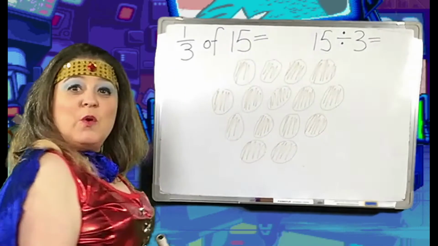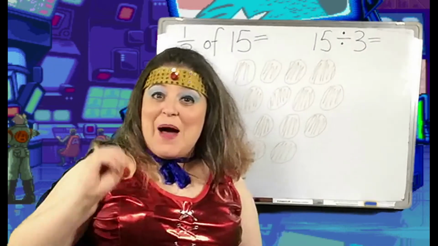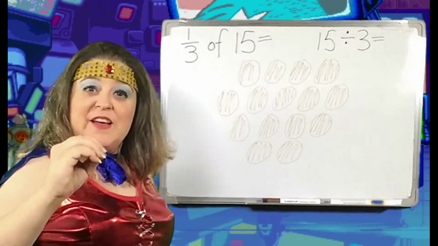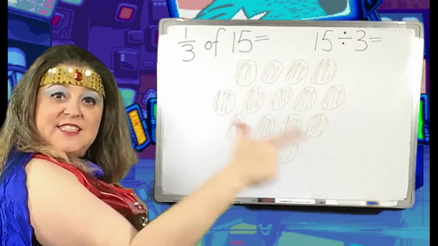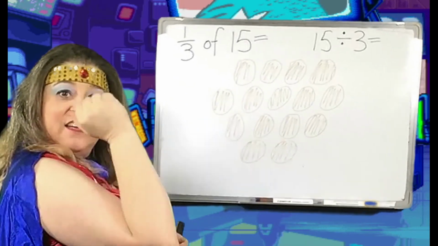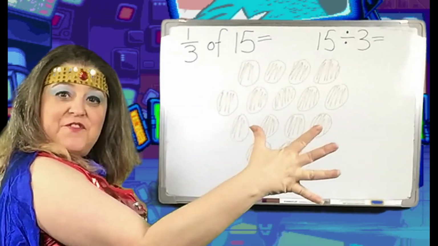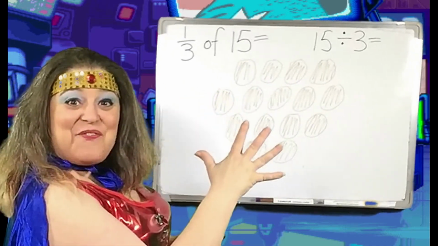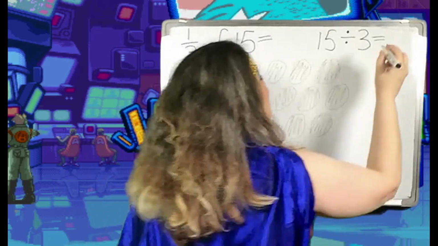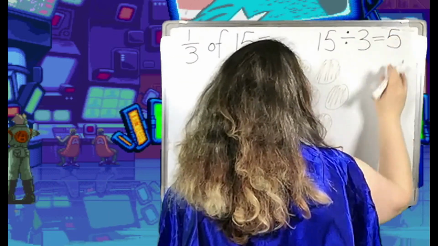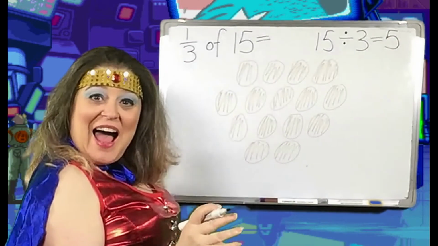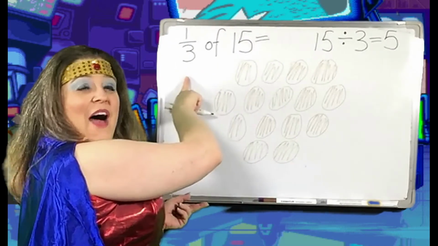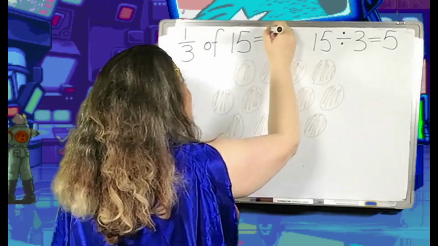And remember, we work out this division by counting in 3s. 3, 6, 9, 12, 15. Look at that! The answer is 5 again. 15 divided by 3 is 5. So, 1/3 of 15 is 5.